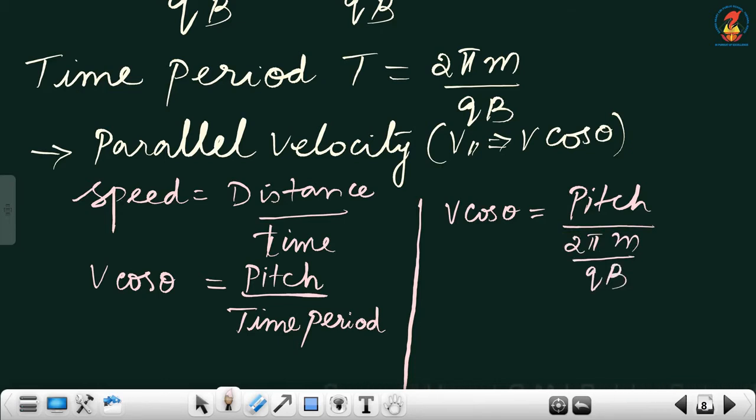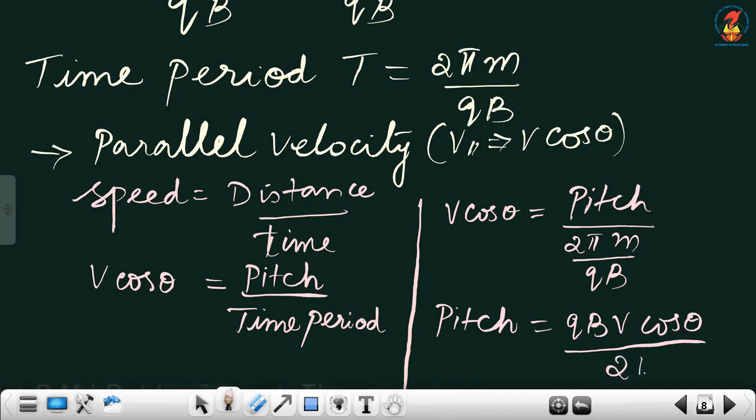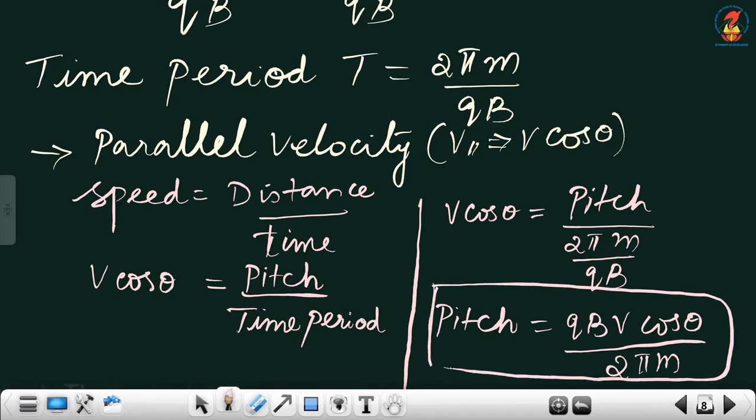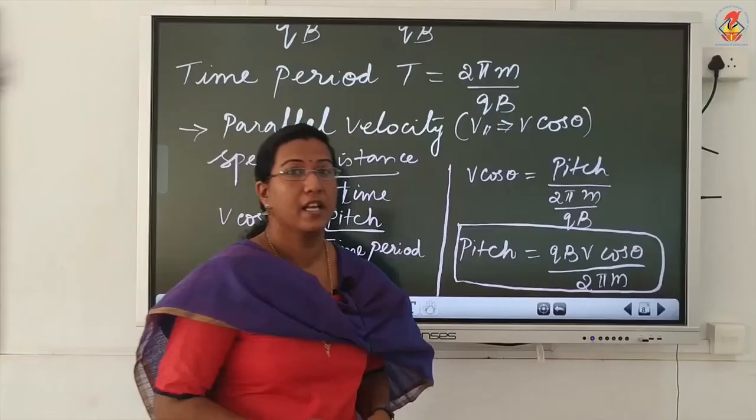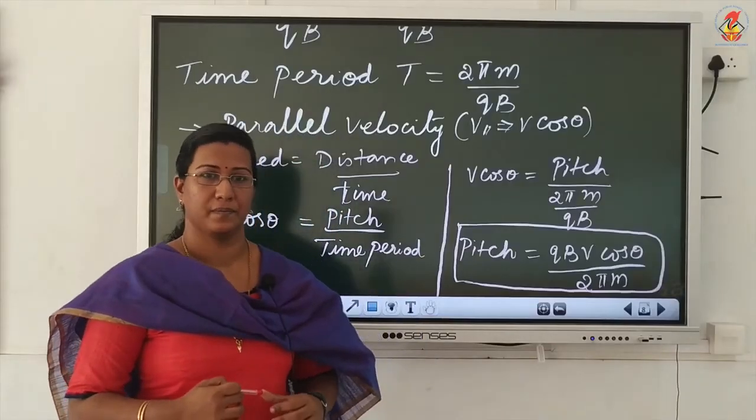On rearranging we get pitch is equal to qB v cos theta divided by 2 pi m. This is the distance travelled by a charged particle entering the external field at an angle theta.